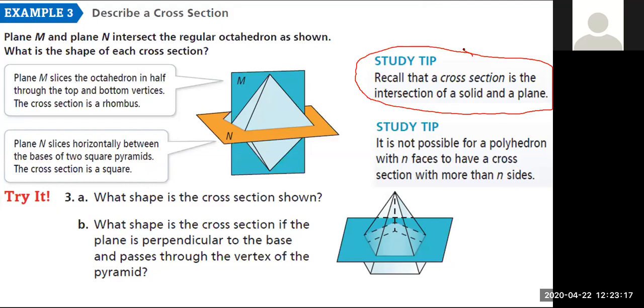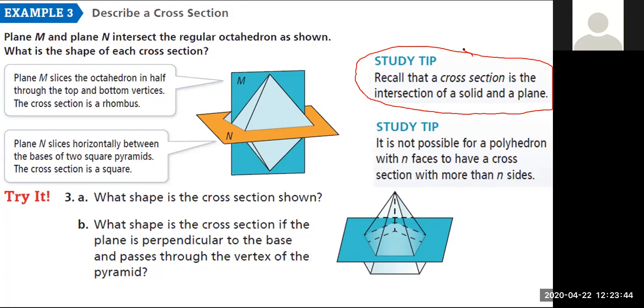The only ways that you can get something other than a polygon is if the plane intersects at one of the edges of the object, and then you just have a line, or if it intersects only at the vertex. So if the plane was tangent to the polyhedron, where it's only intersecting the vertex. Again, those are the only ways that you could have anything other than a polygon.